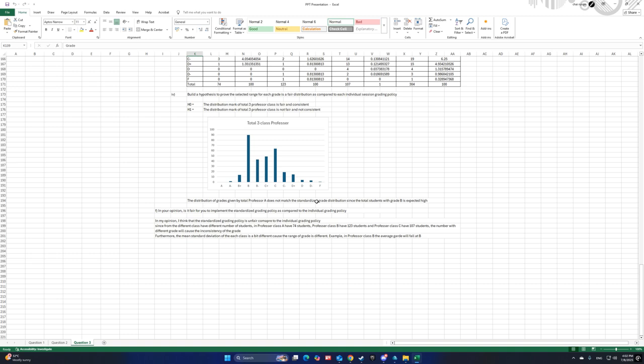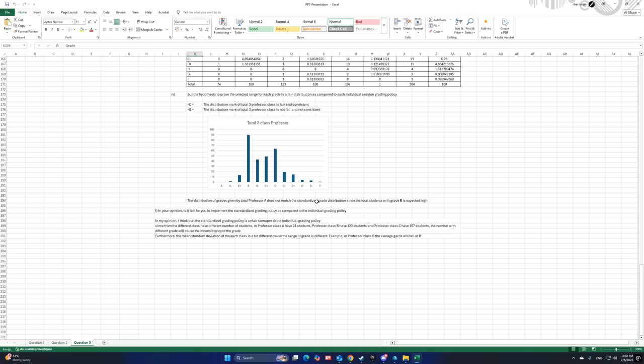Lastly, in my opinion, is it fair to implement the standardized grading policy compared to the individual grading policy? For me, I think the standardized grading policy is unfair compared to the individual grading policy. We can see that different classes have different numbers of students.